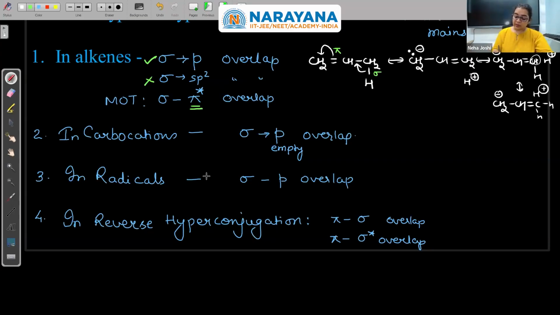In carbocations, let us draw an example. Smallest system, I'll take the ethyl carbocation. So CH2 positive. If I start drawing resonance, I can call it resonance, it is a similar effect. This H is gone.